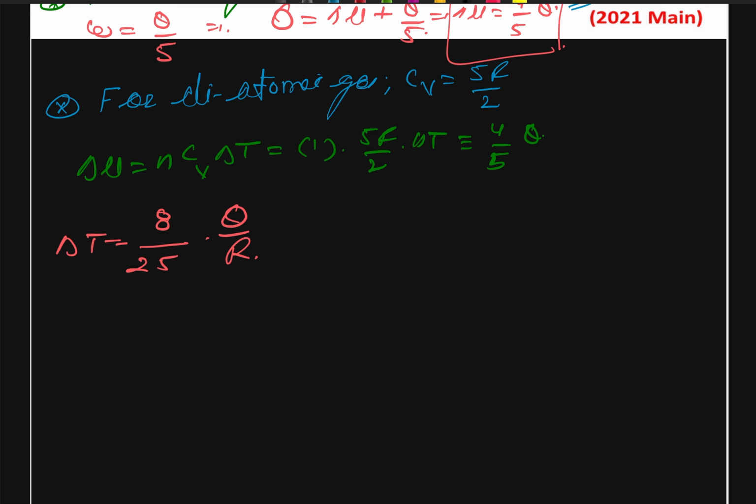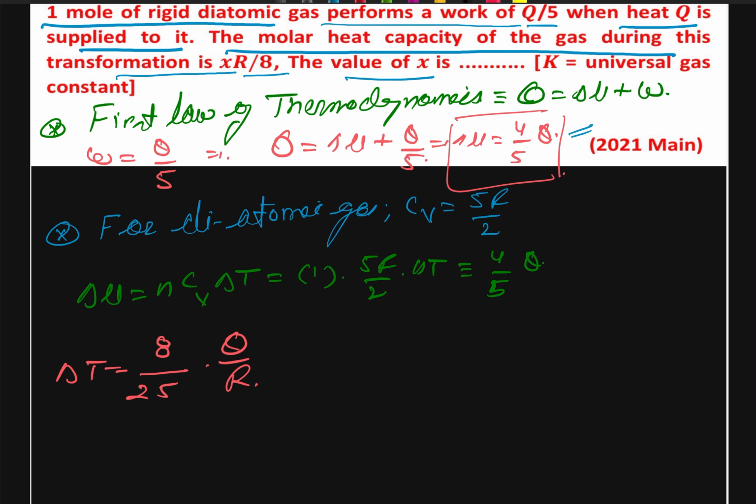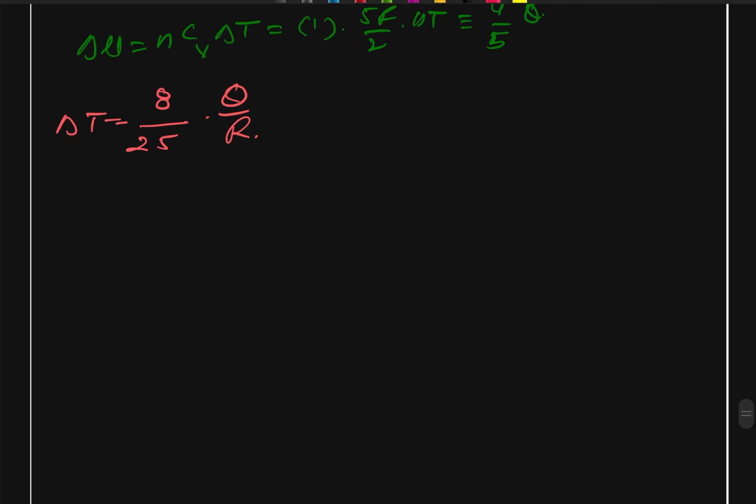We have to find out the molar heat capacity. So we can say our molar heat capacity, capital C, is equal to heat supplied over change in temperature.